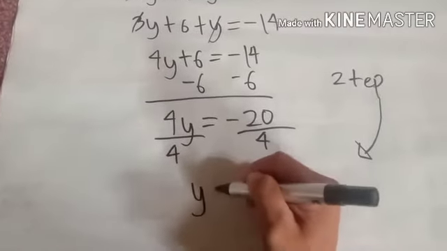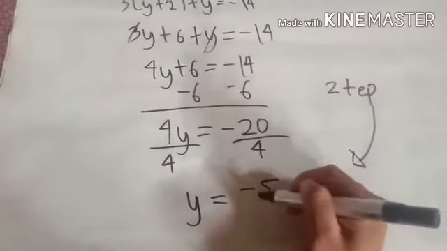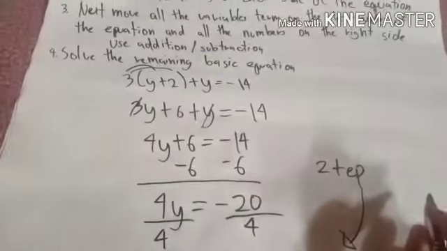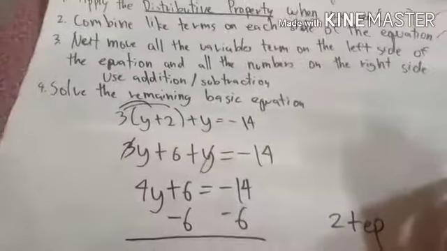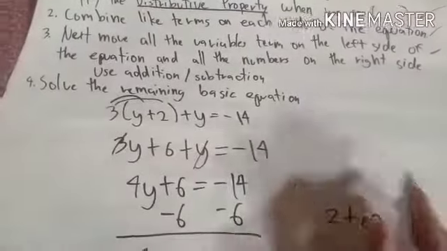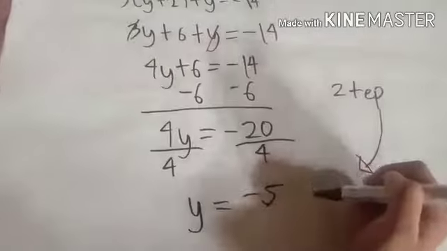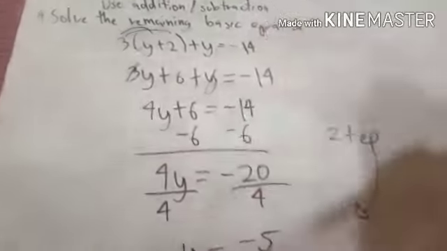Cancel the 4 to rewrite y equals -5. Now solve the remaining basic equation. And now we know the process of solving a multi-step equation. This is the final answer, y equals -5.